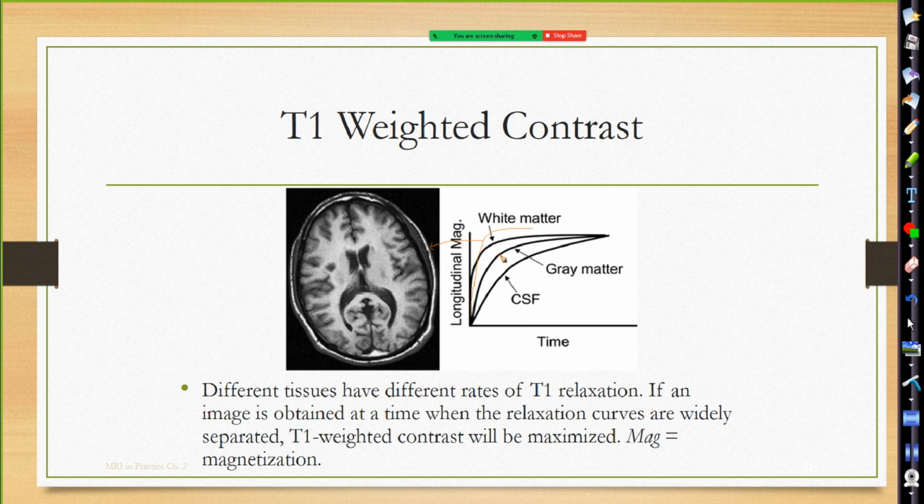White matter recovers next fastest. So you can see how the white matter looks a little brighter than our gray matter right out here. And then our CSF is dark, so it recovers the slowest.